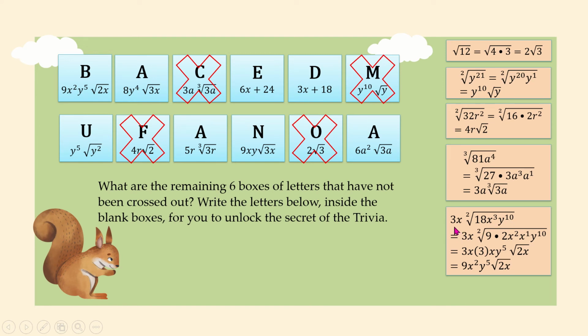Since 3x is found outside, we copy 3x outside. 18 is factored as 9 times 2, where 9 is a perfect square. Okay, it is a square root, so it should be a perfect square, not a non-perfect square. X cubed is broken down as x squared times x1, which works for index 2. For y exponent 10, when read as y10, it is still possible. But the reading is y exponent 10, or y raised to exponent 10. So just take y exponent 10. It can be extracted because 10 is already divisible by index 2.